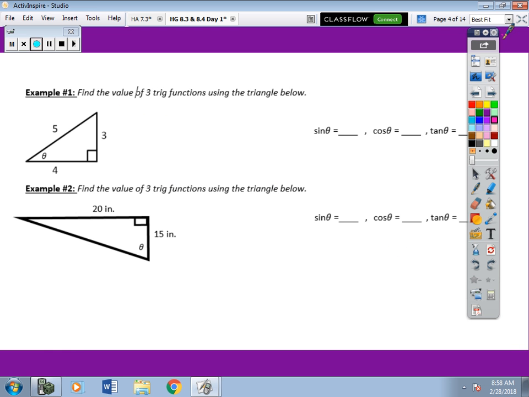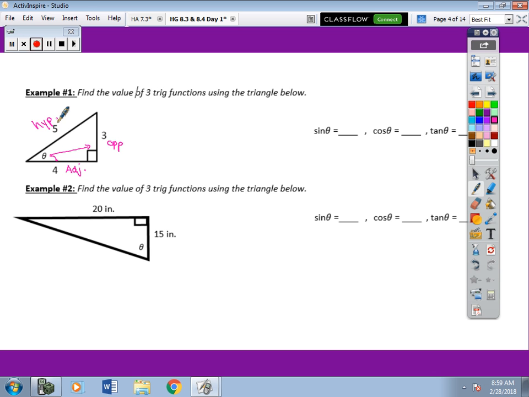So the first few examples just ask us to find the three trig functions using the triangle below. Now again, opposite, adjacent, hypotenuse will move depending on where the angle is. So if this is the angle, 3 would be my opposite, because it's across from the theta. 4 would be my adjacent, and 5 would be my hypotenuse.